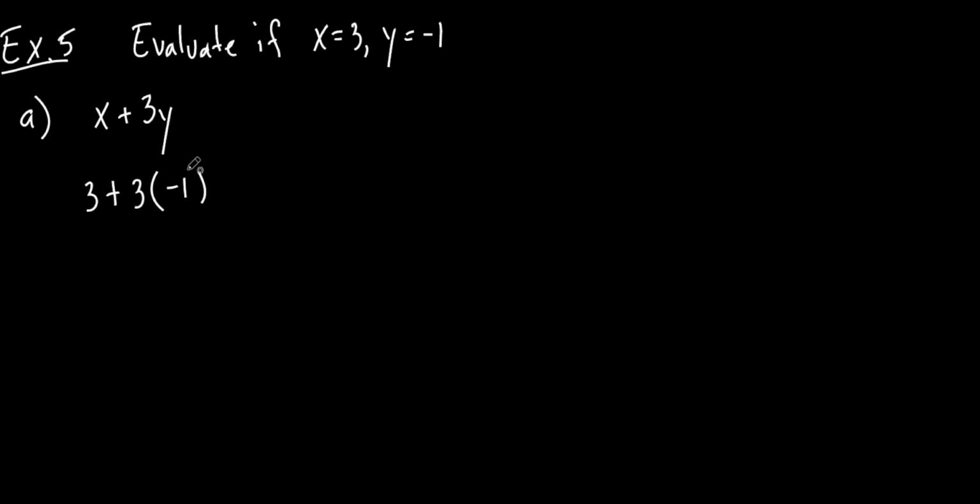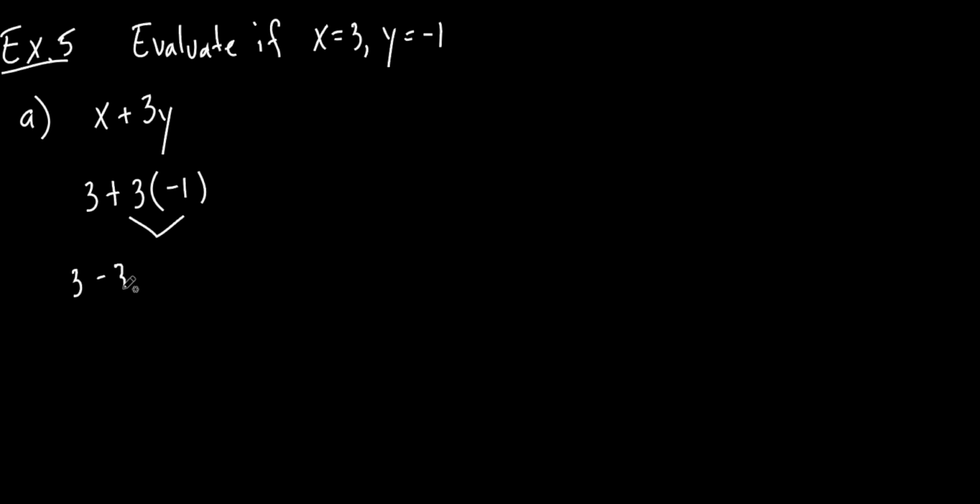Remember the other day we learned order of operations? We haven't had a quiz on it, did we? So what do we do first? Do I go 3 plus 3 is 6? No, I don't. I've got to do the multiplication first. So I just drop down that 3, and then it's positive 3 times -1. What is that?